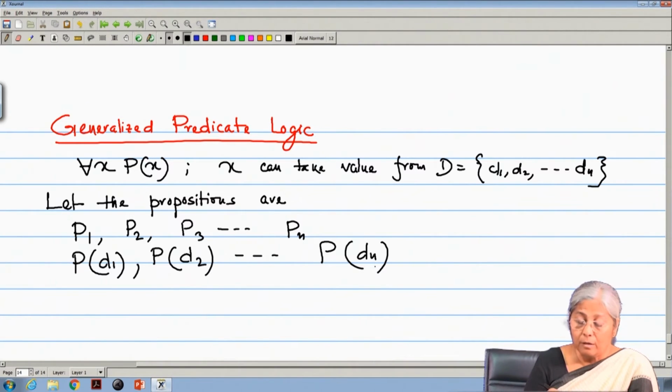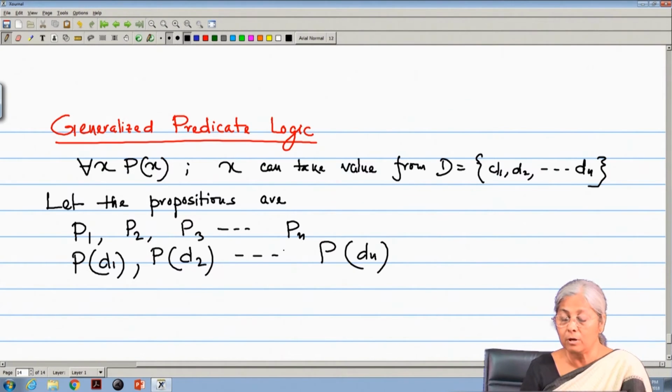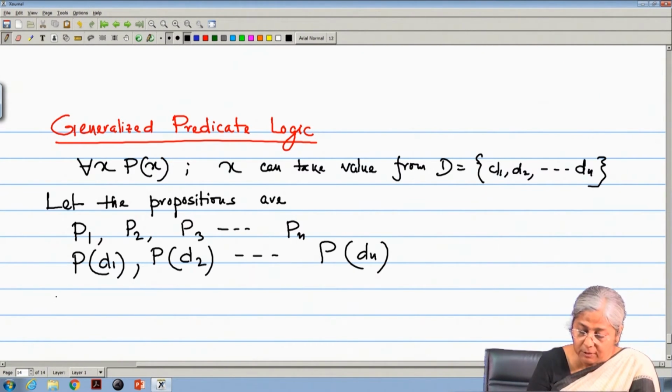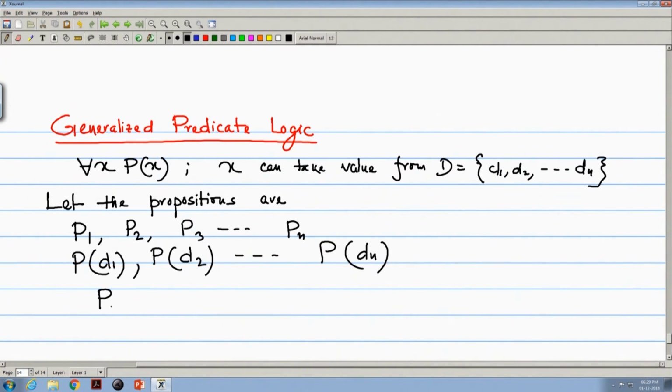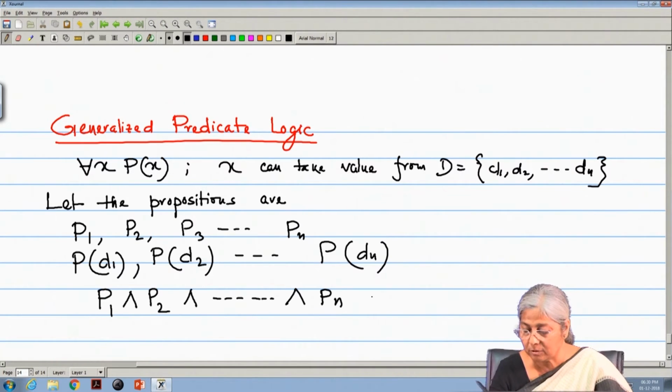Now, if we take the conjunction of all such propositions, that is P1 and P2 up to Pn, what is the physical meaning of this conjunction?